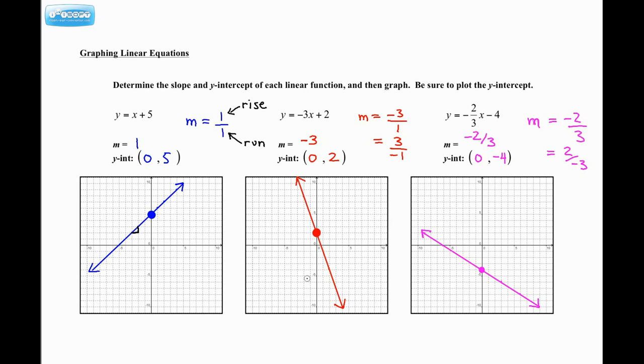Here we have a slope of negative 3 over 1. Okay, so I could draw a right triangle like this. So here the triangle has a height of 3, but from left to right I'm going down. Okay, and then I have my run of 1. And then here my slope was negative 2 over 3. So I'll just pick a nice point right there.